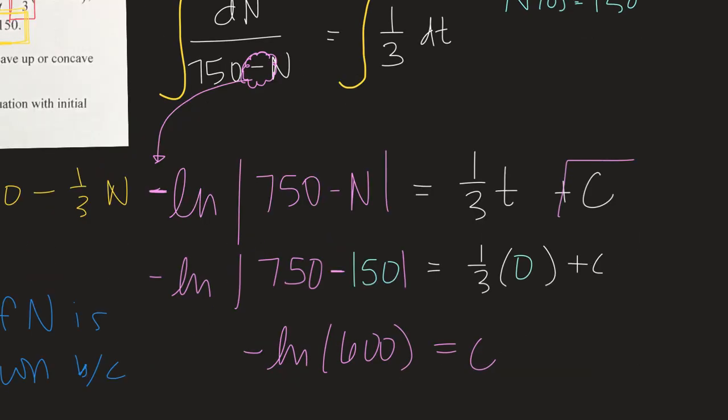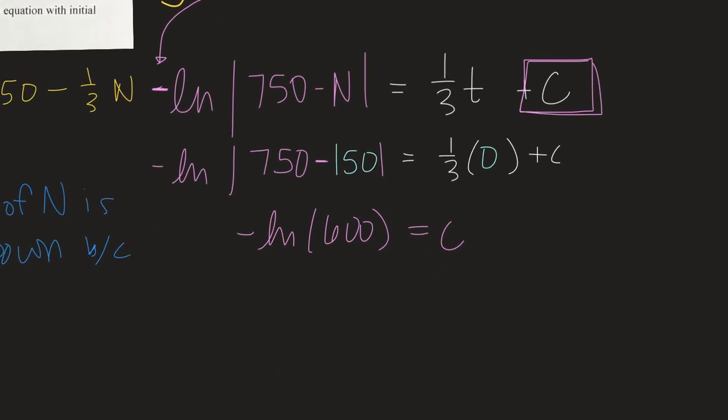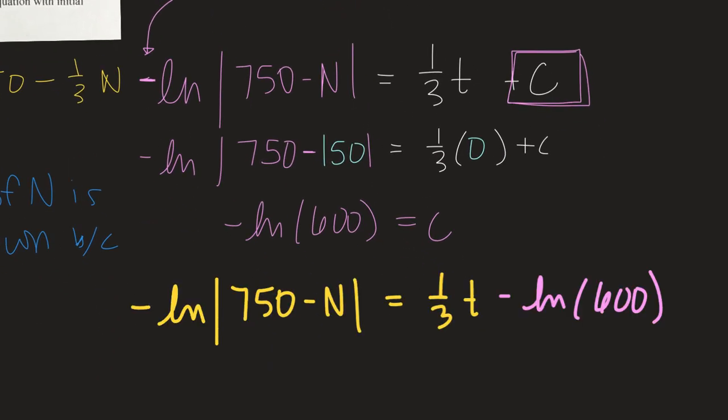So then we go back into here and we replace C with that value that we just found. Our next step is going to be to get rid of this negative 1. So that means we're going to change the signs of all of our things. When we multiply or divide by negative 1, all the signs change. So now we have a positive natural log, but at negative 1/3 t and a plus natural log of 600.